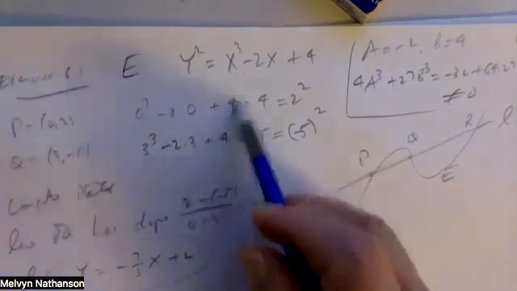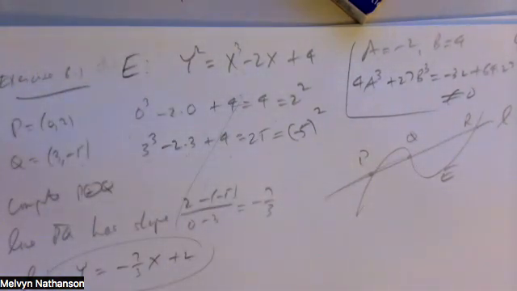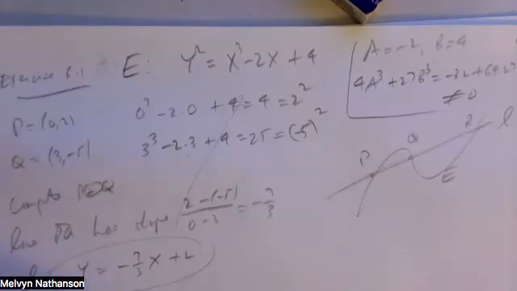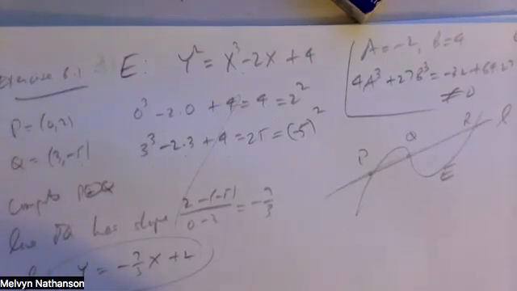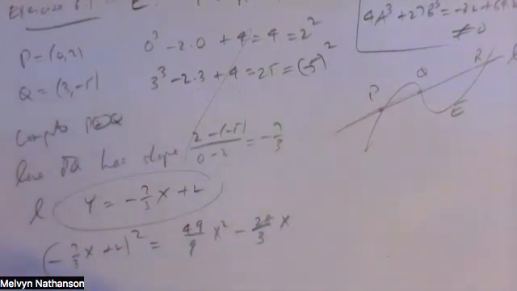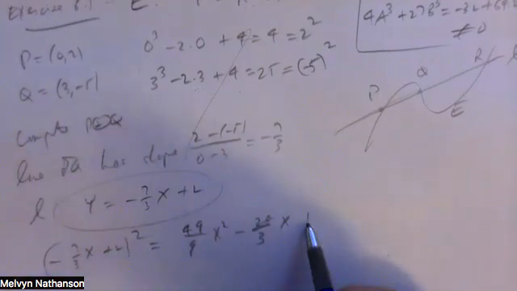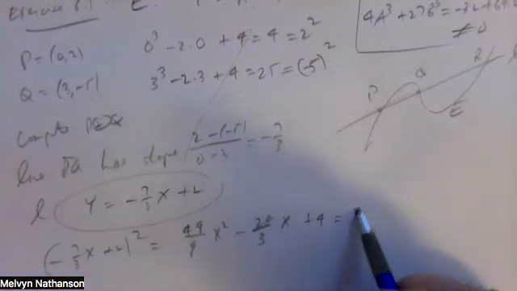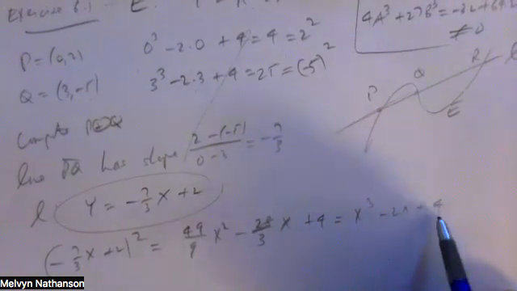So I can take this line and plug it into my equation. So what are the x coordinates of points where the line and the curve intersect? So y squared, minus 7 over 3 x plus 2, squared has to equal, well, what is this? Let me just multiply this out. This is 49 over 9 x squared minus 28 over 3 x plus 4 equals x cubed minus 2x plus 4.